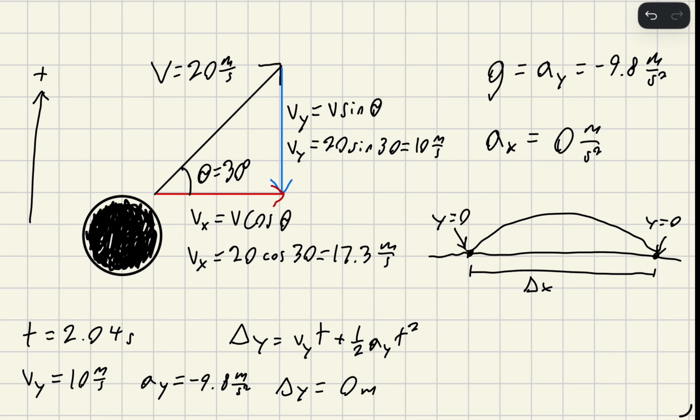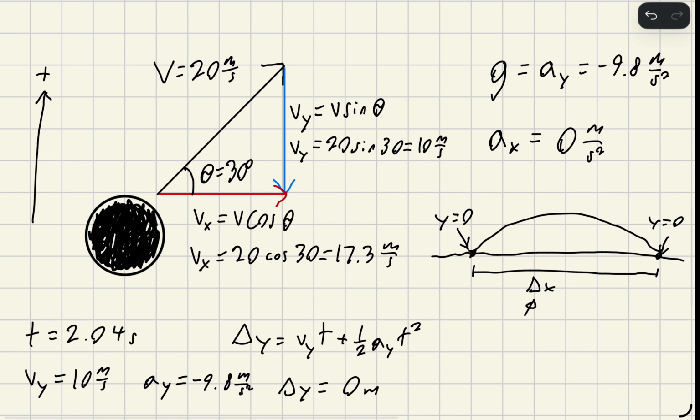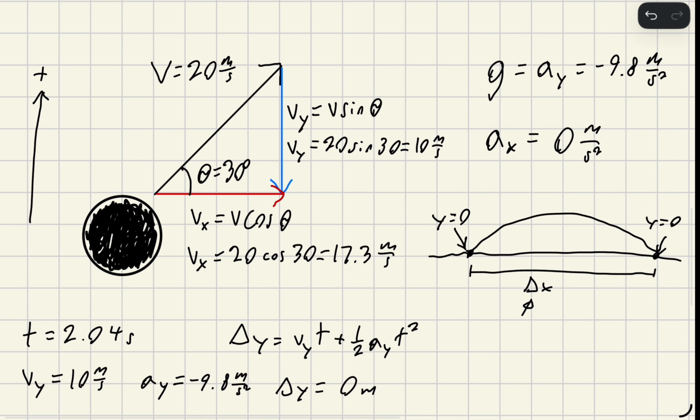Now that we know the time, which I've written on the left here, a problem like this would likely ask you to find the change in x. We're dealing with the change in x now, so I'm going to erase these variables that deal with y, and instead write down the x variables. We have Vx equals 17.3 meters per second.